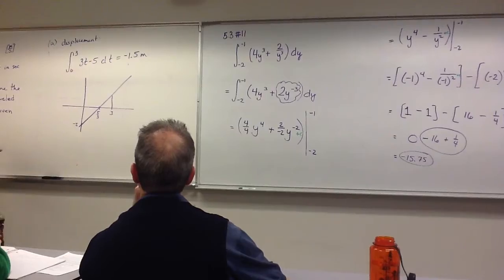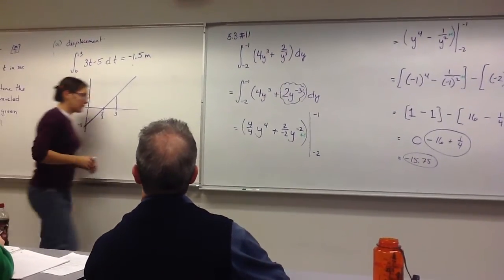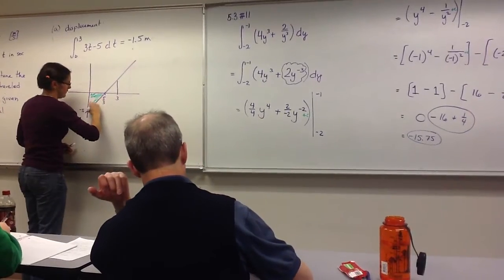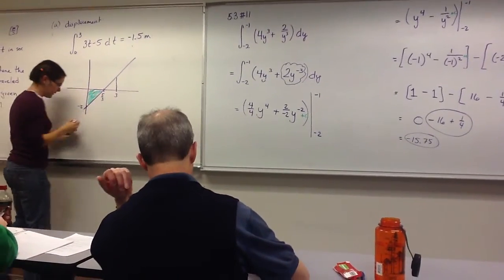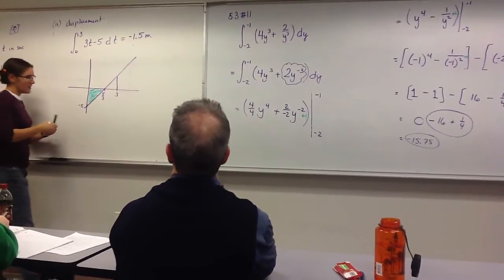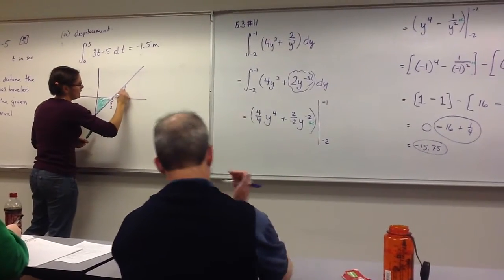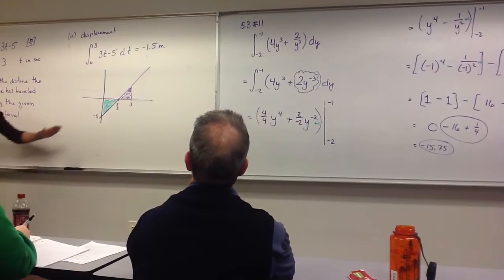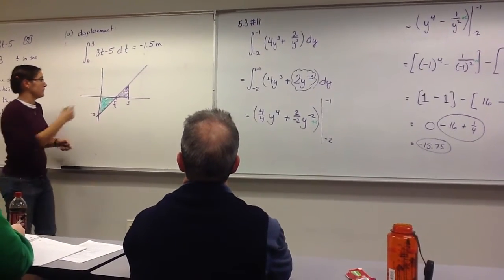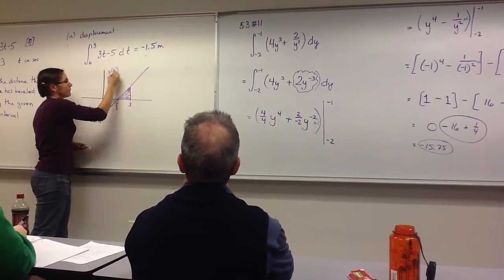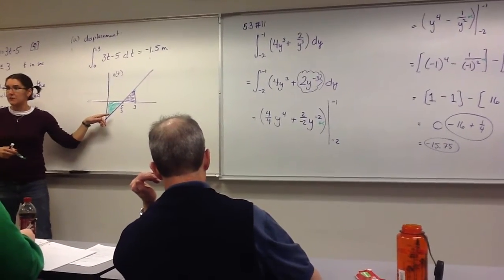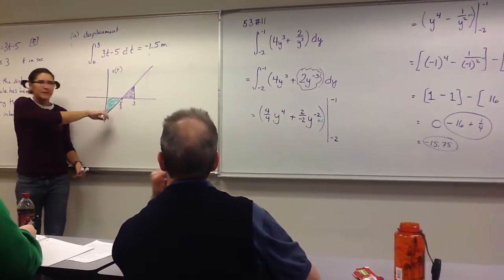All right, so this integral up here is calculating, first of all, area below the x-axis, and then area above the x-axis. In terms of this velocity function, the velocity of the particle is negative from time 0 until time 5/3.